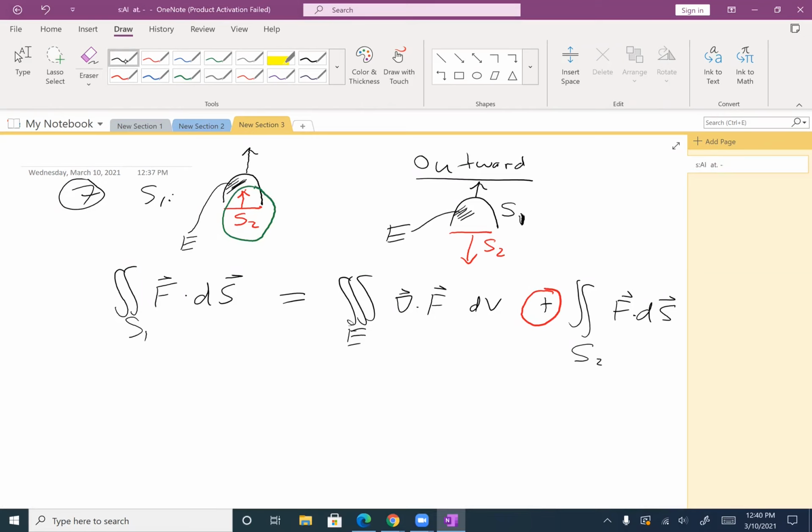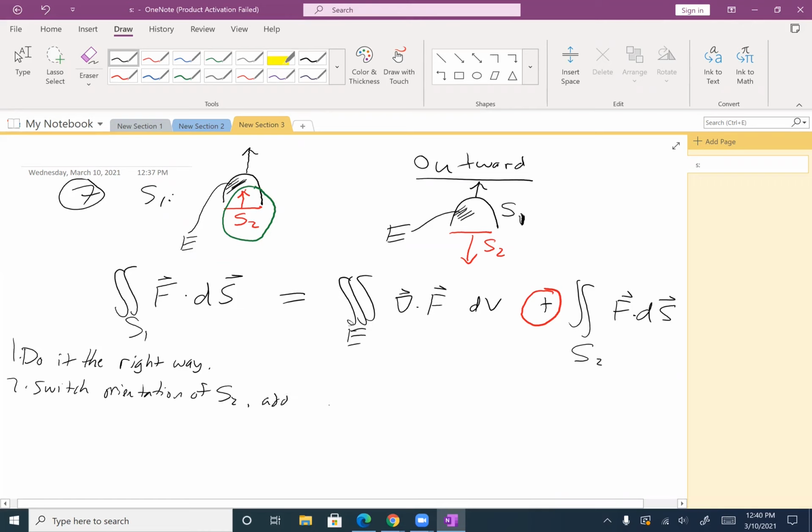So here's what we do. We first do it the right way. And then we'll switch the signs. We'll switch the orientation of S2 and add a minus sign.